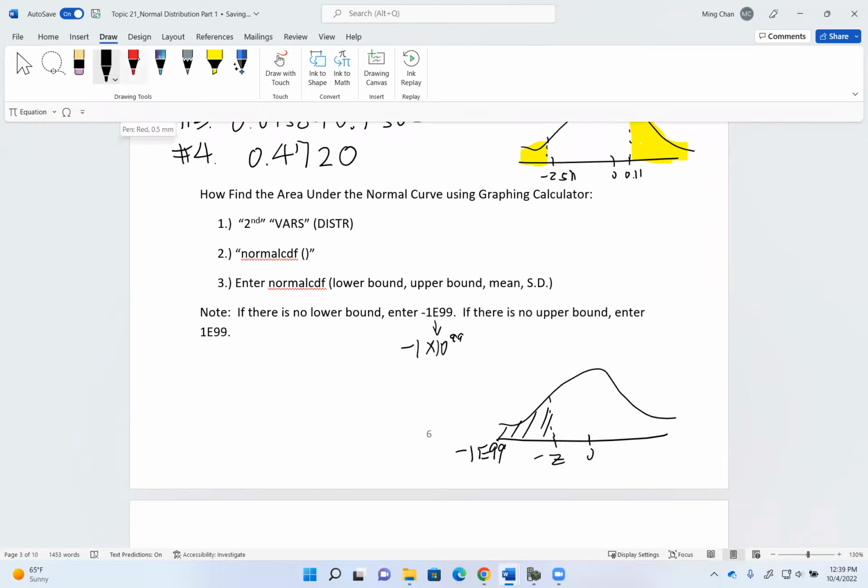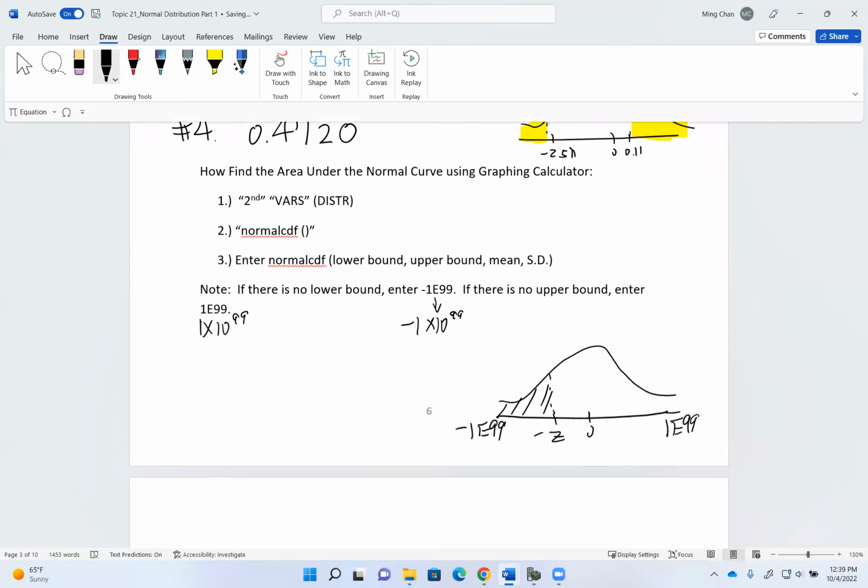If there is no upper bound, we enter 1E99. If I'm looking for area to the right of something, I gotta tell the calculator to go to infinity, so we can type in 1E99, which means 1 times 10 to the 99 power. Okay, so that's how we do the bounds.